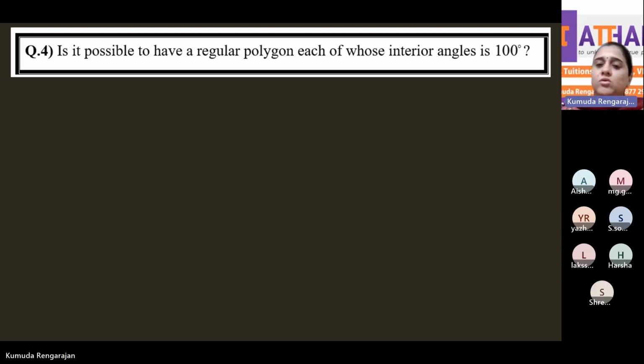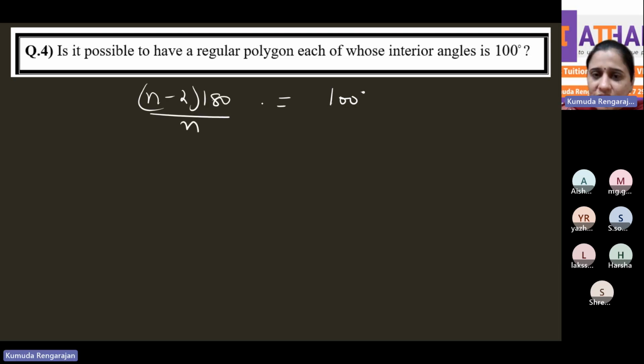Okay. So what is this 100 degrees? It is each interior angle. But what's the formula to find each interior angle? (N minus 2) into 180 by N. This is given to be 100.